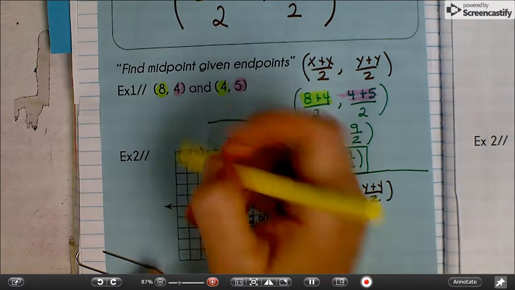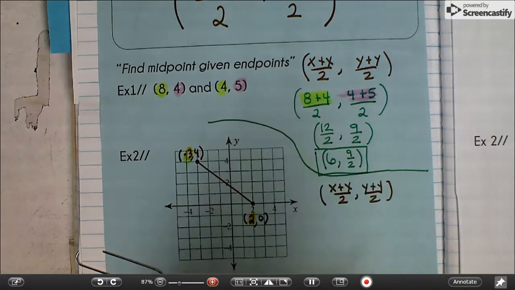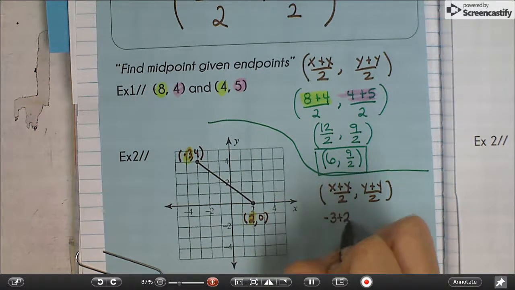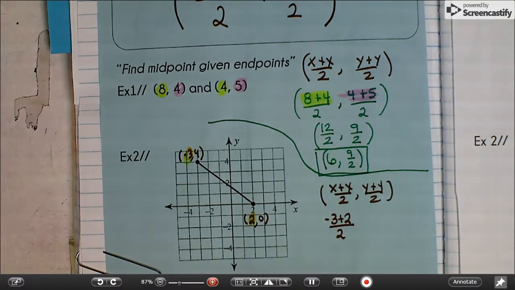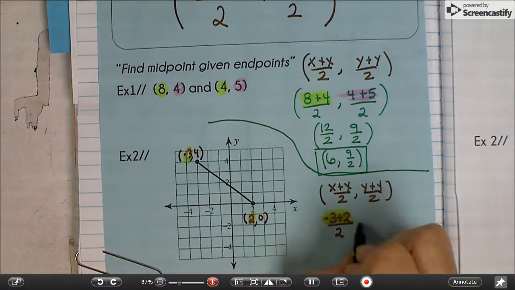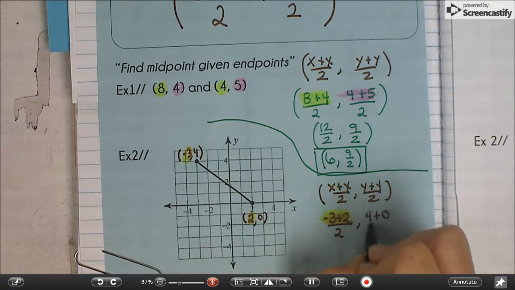So our x's in this case are -3 and 2. So -3 plus 2 over 2. And our y's, 4 plus 0 over 2.